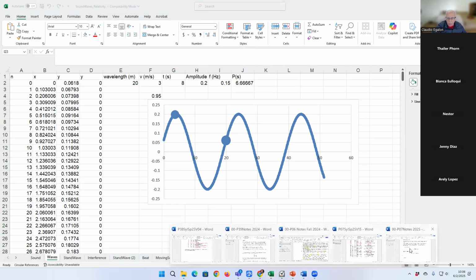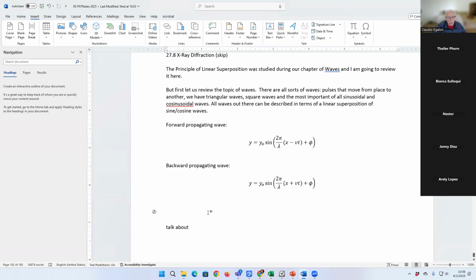Now, going back to my notes. You may have interference between two waves. What is interference?